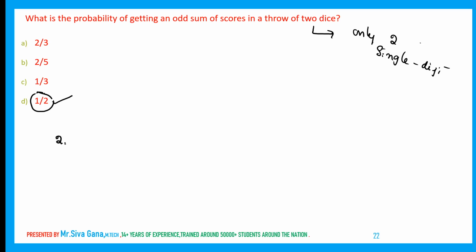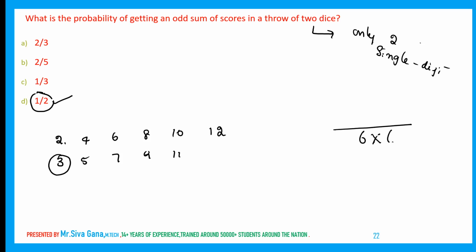If 2 dice are thrown, possible sums are 2, 3, 4, 5, 6, 7, 8, 9, 10, 11, 12. Now we require the odd sum. First of all, total cases: 6 into 6.